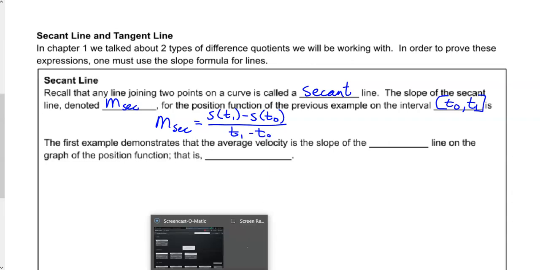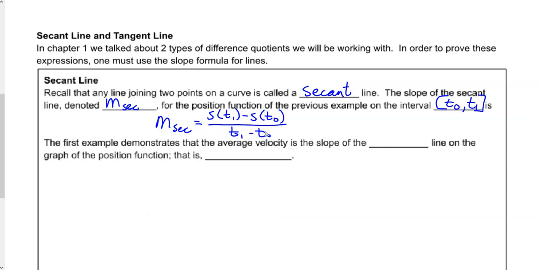And so this gives me the slope of my secant line, finding a y over x. So the first example that we were just looking at demonstrates that the average velocity is the slope of the secant line, and we looked at that before, on the graph of the position function. And so therefore, the average velocity is the same as the slope of the secant line.